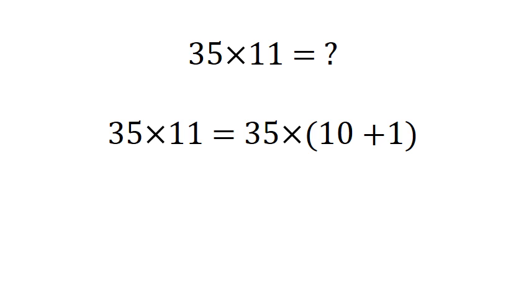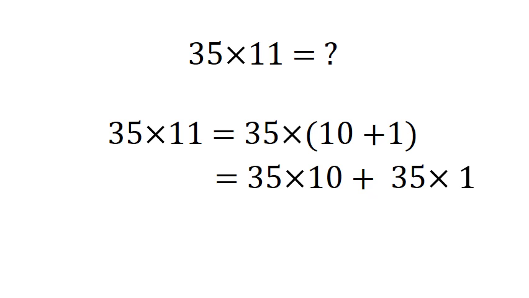So instead of saying 35 times 11, I will say 35 times (10 plus 1). So the answer is easy here. We will distribute 35 on 10 and on 1. So we'll get 35 times 10 plus 35 times 1.